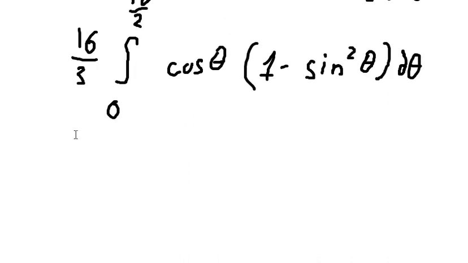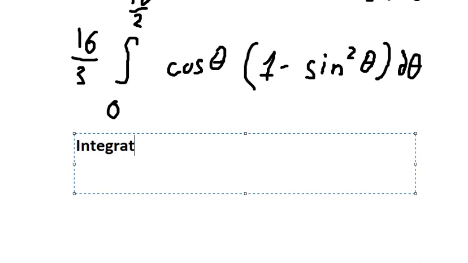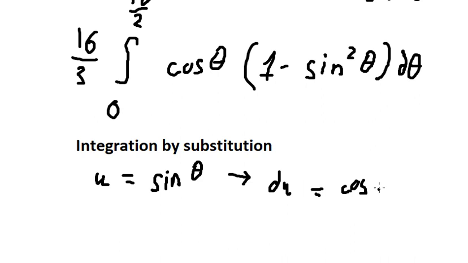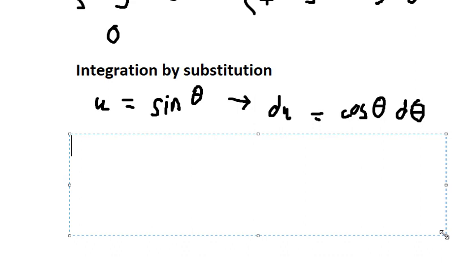So we can use integration by substitution. So I will put u equals sine theta. Later we need to first take the derivative for both sides, and we have cosine theta d theta. And now we need to change the bounds in here.